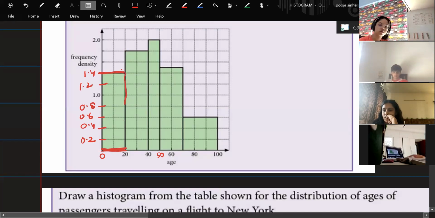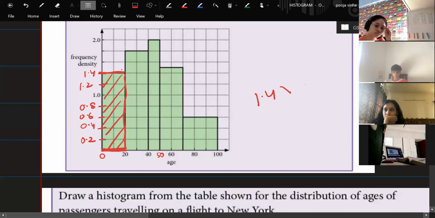If you multiply these two, this is the bar graph, the histogram, that we got for the first one. And if you multiply 1.4 and 20, what do you get? 1.4 into 20 will be how much? 28.